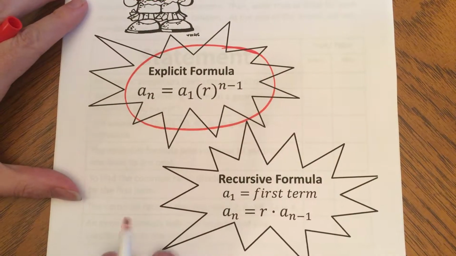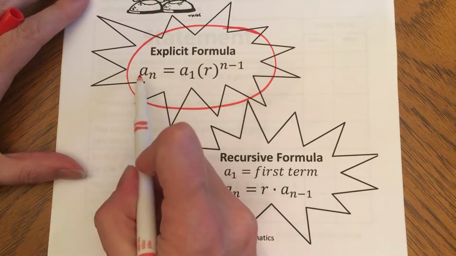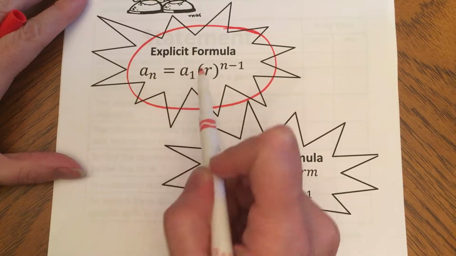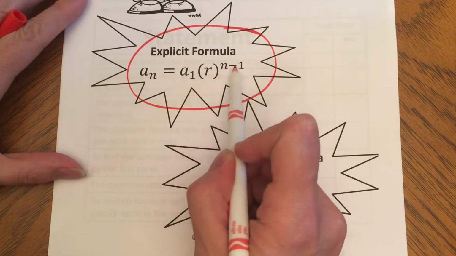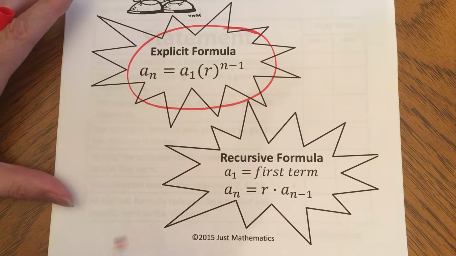This is our explicit formula. a sub n is equal to a sub 1 times r to the n minus 1. I know it's crazy, but we're going to take care of it. Don't worry.